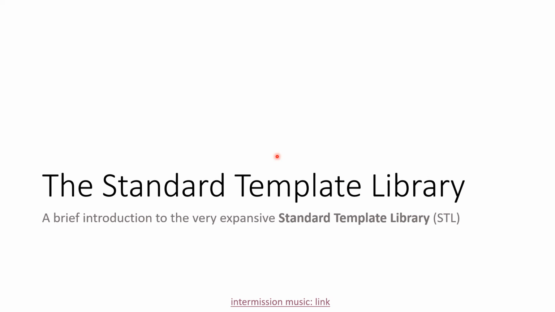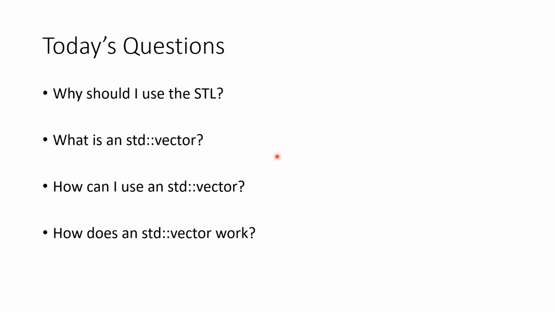This is the template library that's built into your C++ compiler. In this part, I will show you how to use the STL and an example structure that is useful for you, which is the vector.